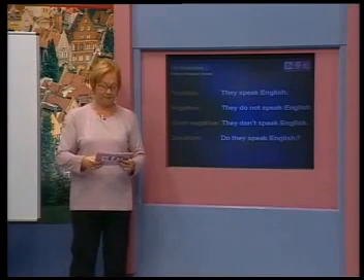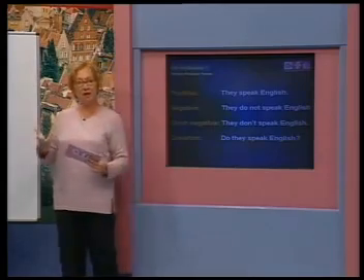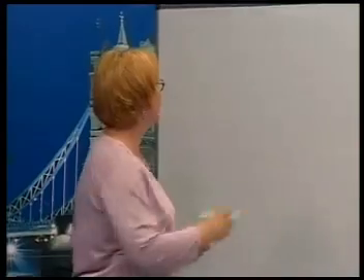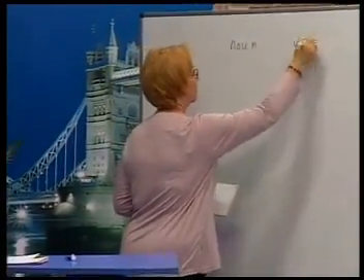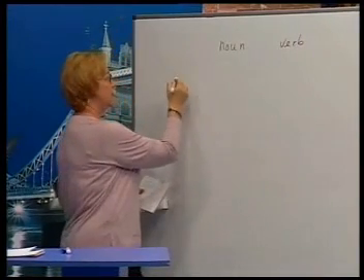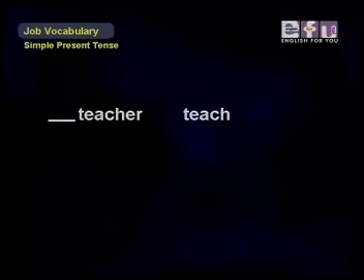All right. Now, we're going to talk about what people say when they talk about their work. For example, we're going to put a noun and a verb together, and we'll also put in the article. So, for example, teacher is the noun, and the verb is teach.